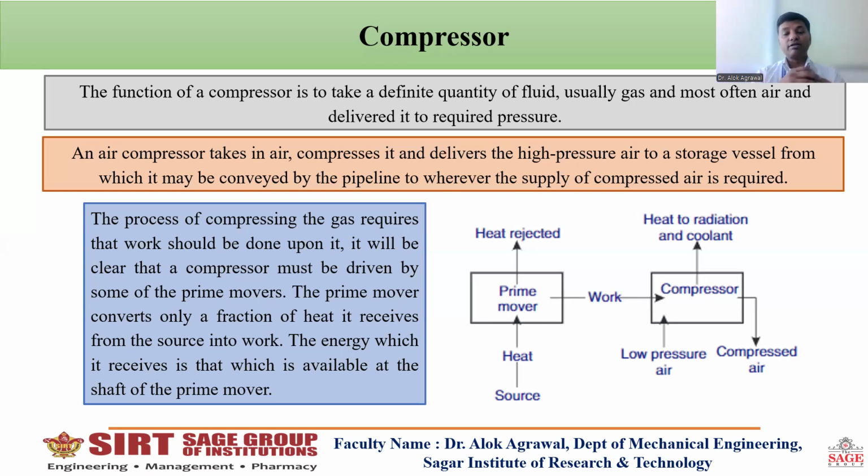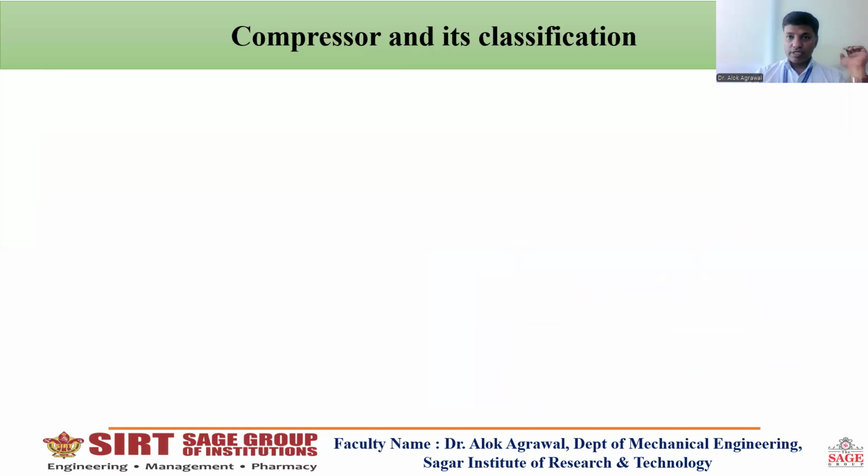So the compression level will be nullified. So it is very much necessary that the compressed air should be cooled so that the pressure will be maintained. So this is the overall layout diagram of a compressor, how low pressure air is getting converted into high pressure air. Now let us move to its classification.